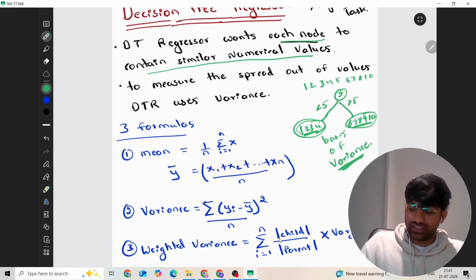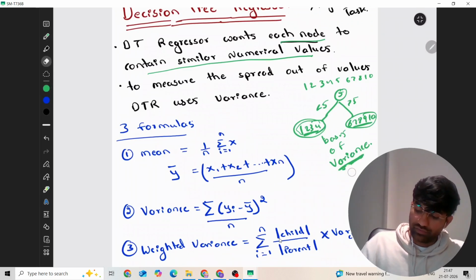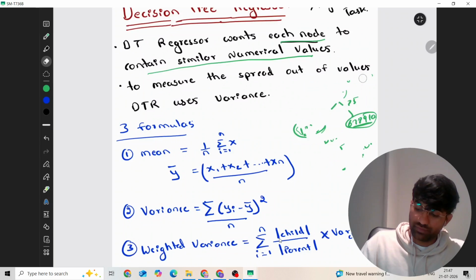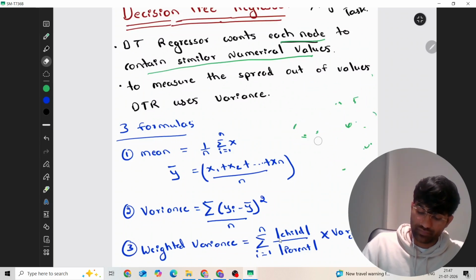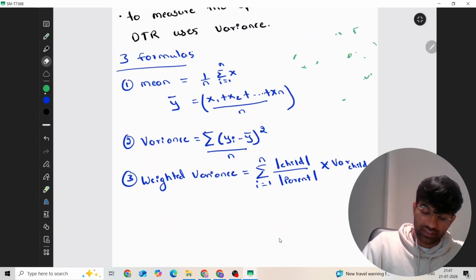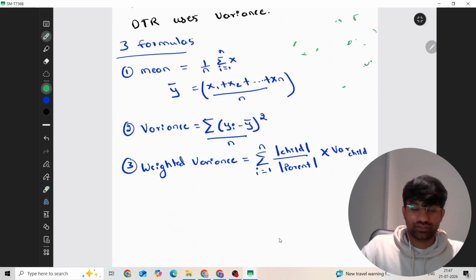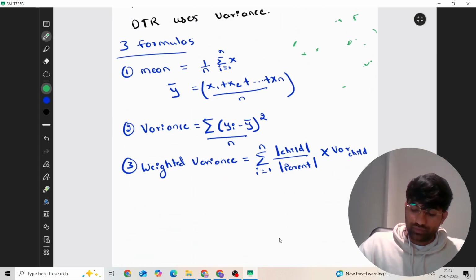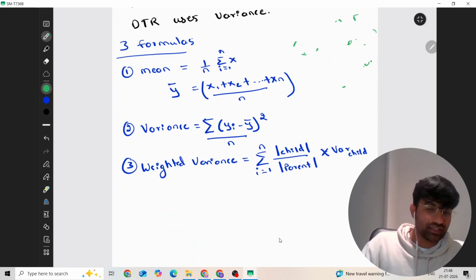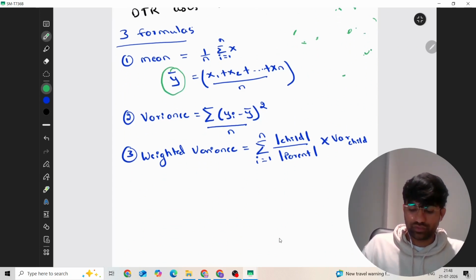So in decision tree, there are a few formulas we should remember. The first is mean, a simple formula, the average of your values: 1 by n summation of i equal to 1 to n of x, that is x1 plus x2 up to xn divided by n, and y bar is the mean. This notation we will use for mean.